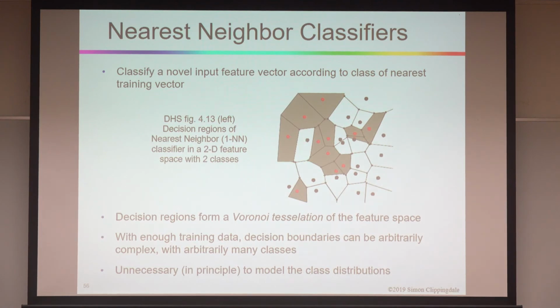If you have enough training data, then they can be as complex as you like. And you can have arbitrarily many classes and just assign the input vector to the nearest class vector. This makes it unnecessary to do any fancy modeling. You can just use the data. It's the simplest way of using the data.